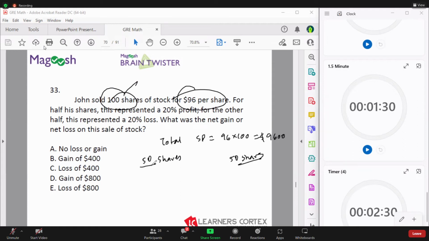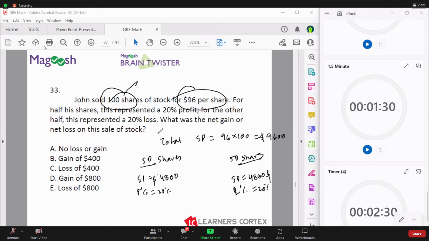One half represents 20% profit, so SP is half of 9,600, which is $4,800, and the profit percent is 20%. For the other half, the SP is again $4,800, and the loss percent is 20%.